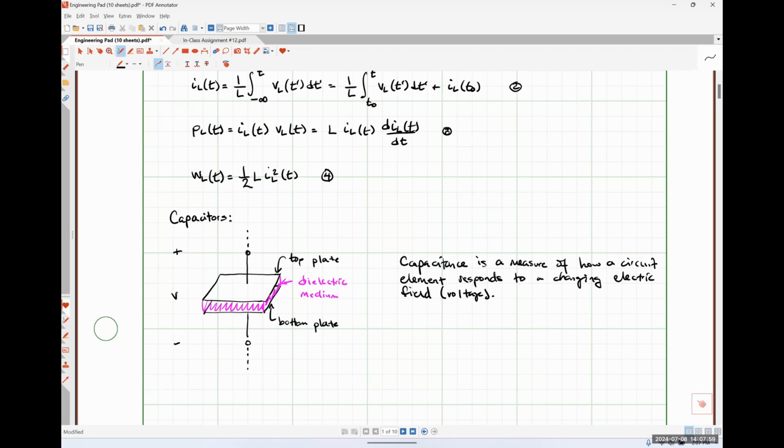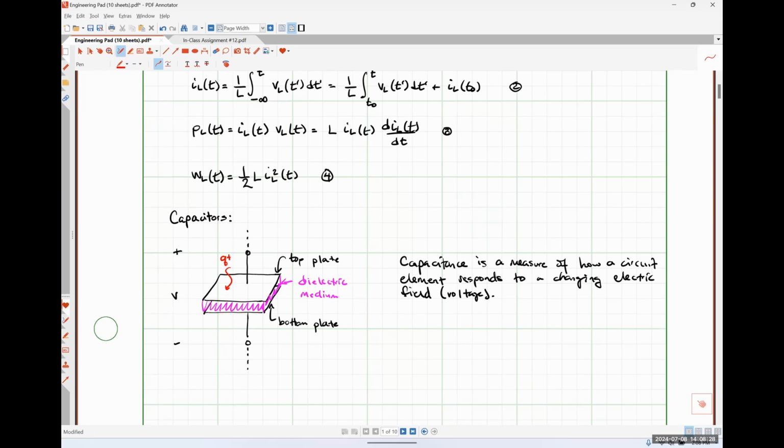So what's going to happen when we apply a voltage across a capacitor is that negative electrical charge that is found on the top plate will be attracted to the voltage source. And so that's going to wind up leaving behind a charge of positive Q on the top plate.